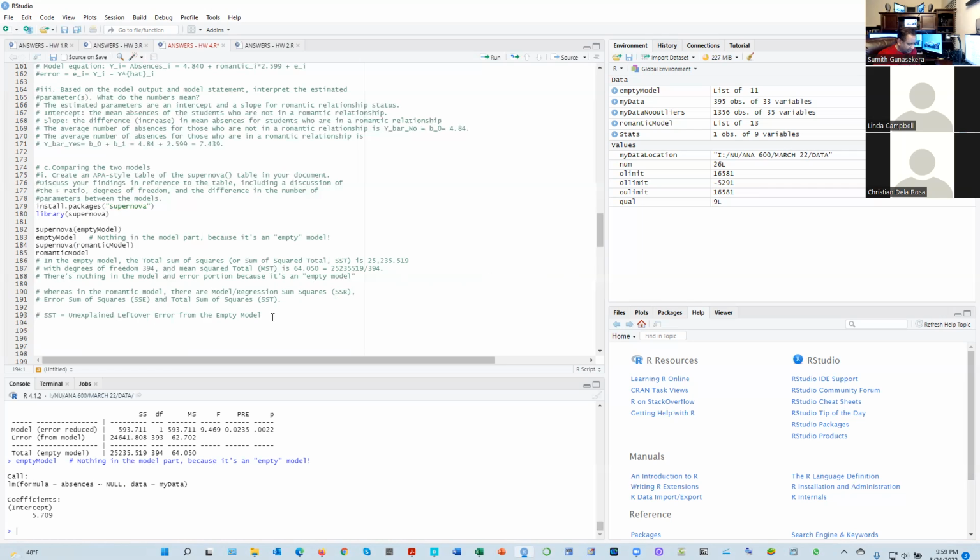Okay, another way to look at it. And then SSR is the explained error by the model, by the romantic model.